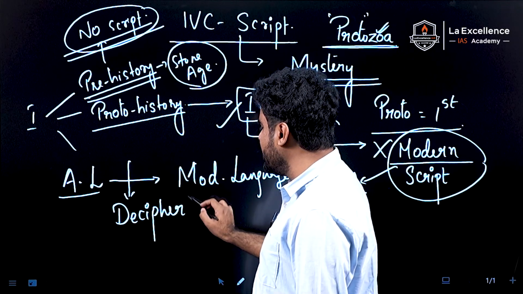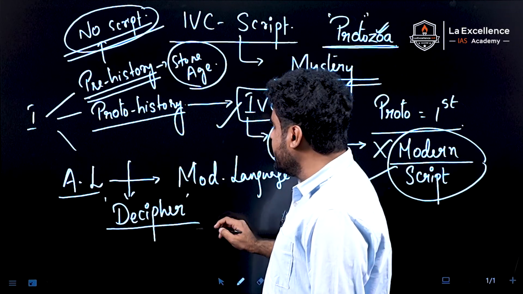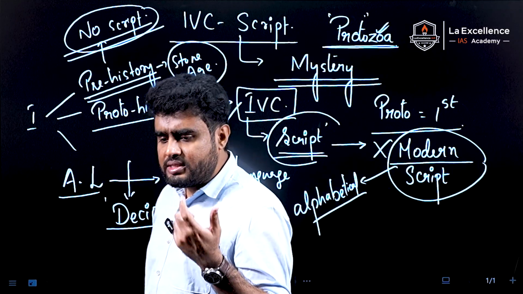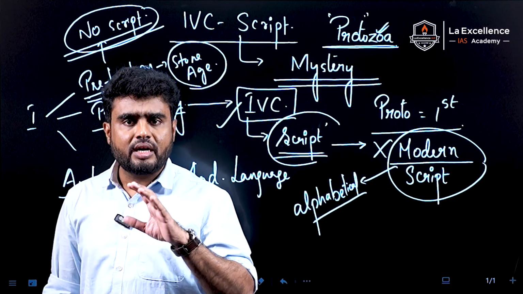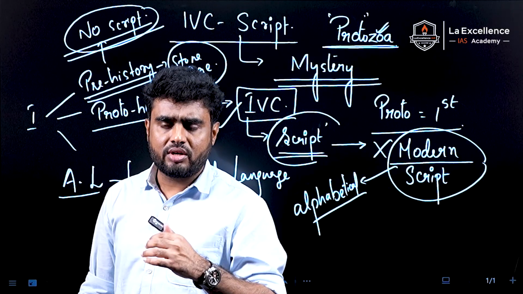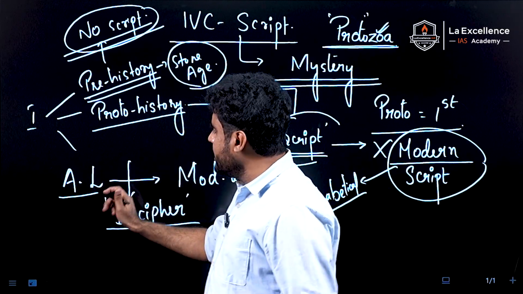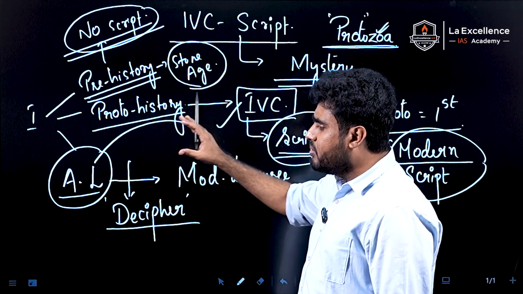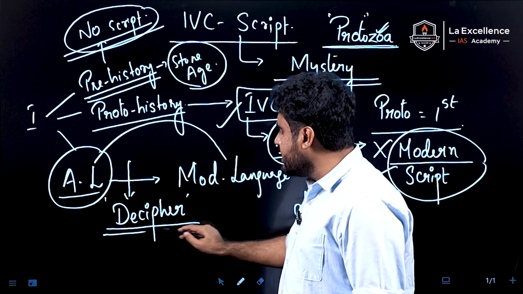So we use a specific verb called decipher. Whenever any ancient language or script is no longer present today, and we are still doing research on it, the process of converting that ancient language or script into modern language is called deciphering.